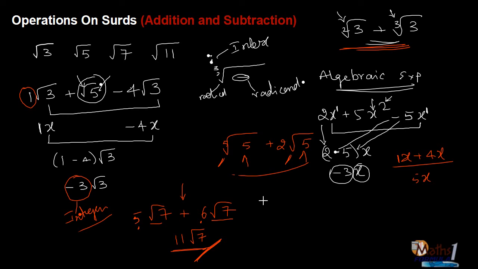If not, there is simplification in terms of addition and subtraction. Let's just see. When I say simplification, let's take root 3 plus root 12.